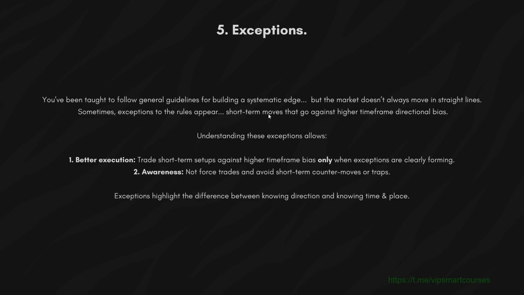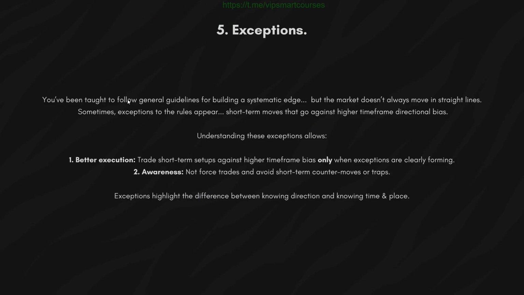Now, a common example of this would be that, let's say, the higher time frame directional bias for the week is bullish. The drawn liquidity on the weekly time frame is higher, and for the past 4 days, from Monday till Thursday, price has continued to trade higher.